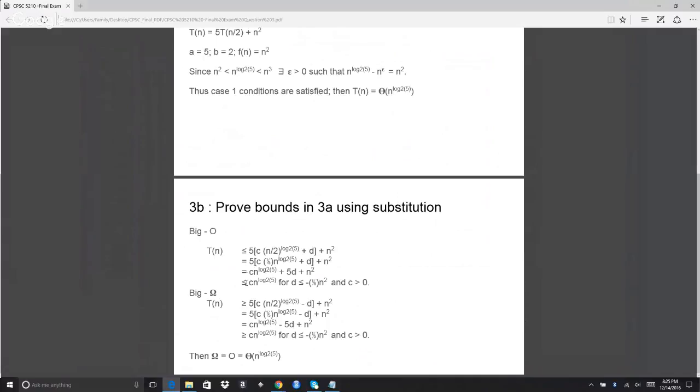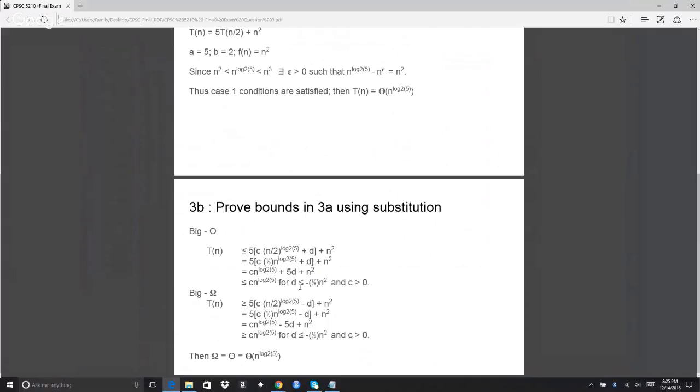So carrying out, we see that (1/2)^(log 2 5) is really 1/5, times c n^(log 2 5) plus d n squared. And then when you carry the 5 through the equation, this is equal to c n^(log 2 5) plus 5d plus n squared.